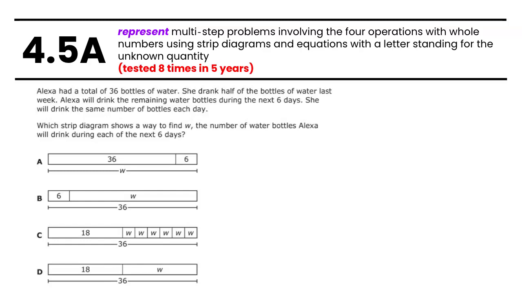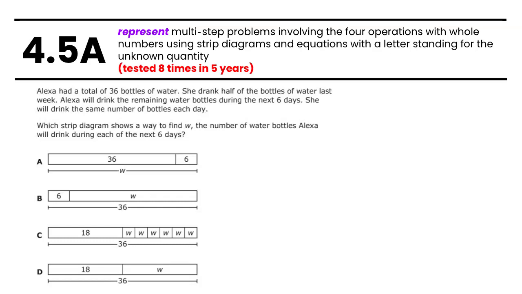So as we look at this released question, this is again a 3-step problem that students will have to model, this time using a strip diagram. And so if we look at this, we see that Alexa had a total of 36 bottles of water. Well, students have been doing strip diagrams and part-whole mats really since the 1st grade, and we have always taught them that the total goes either at the top or the bottom and encompasses the entire diagram.